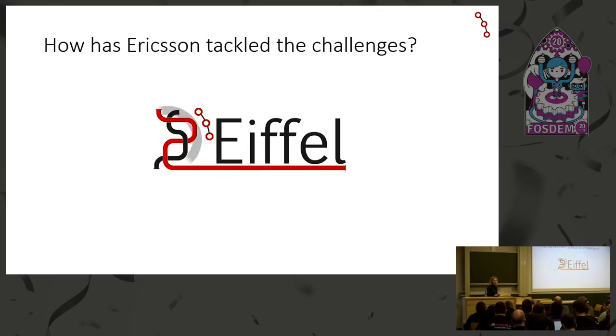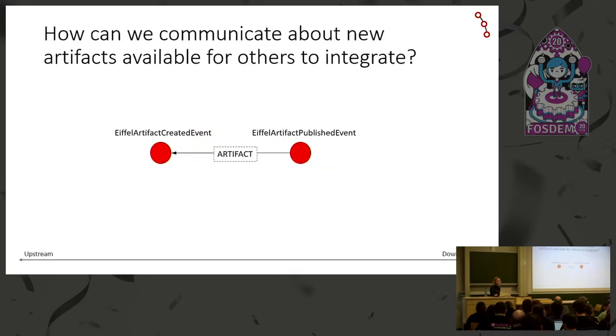And with AFL, you can answer some of the questions I posed previously. For example, when we have a new artifact available, you can send out an event saying that I've now created this artifact. You see to the left in the picture, it's called AFL artifact created event. What comes after that could be a published event.